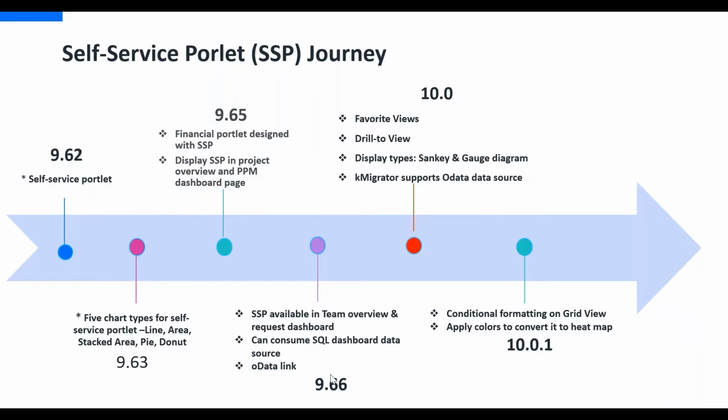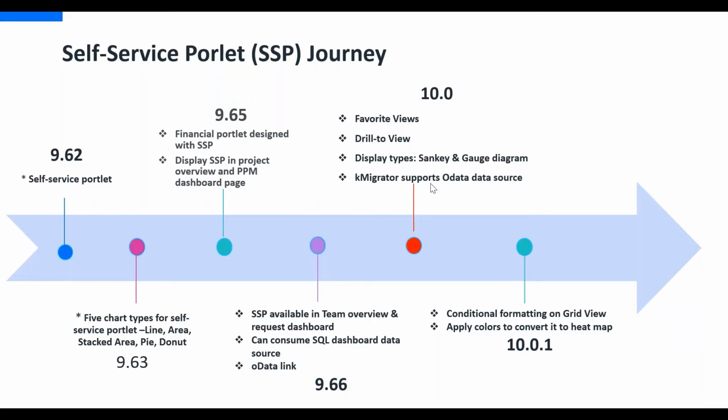In 9.66, the SSP was made available in the Teams overview page and the request dashboard. It also has a main feature that you can utilize any SQL dashboard data source for any SSP portlet. And also you can share the data in the self-service portlet using the OData link.